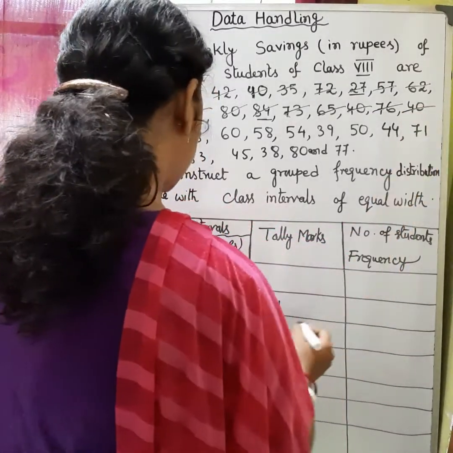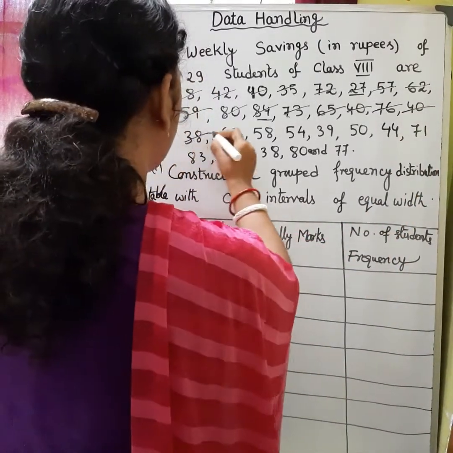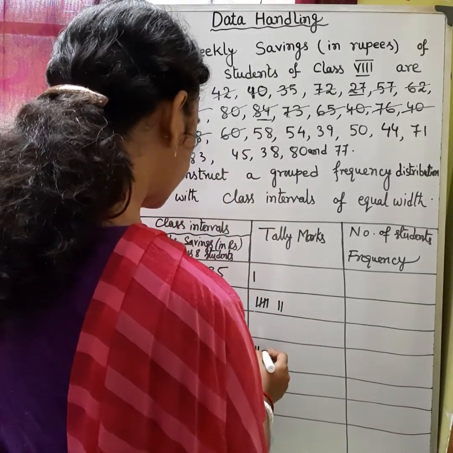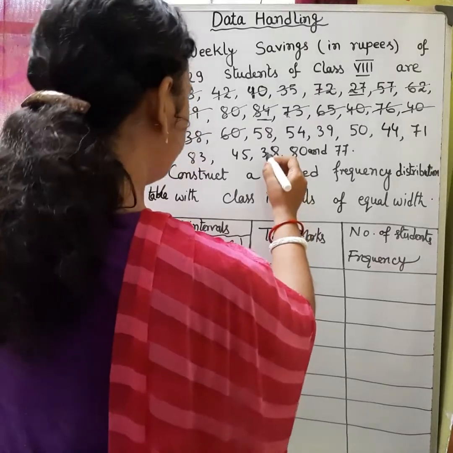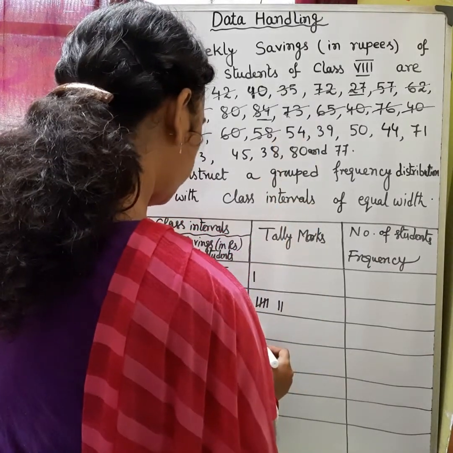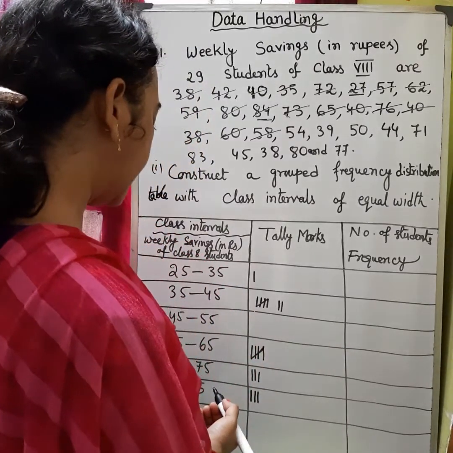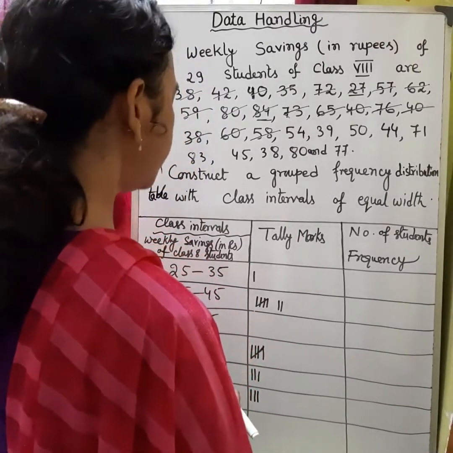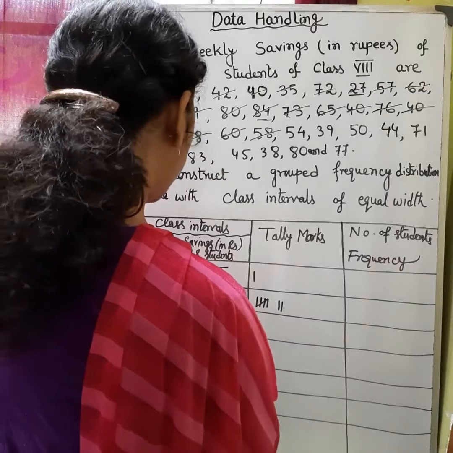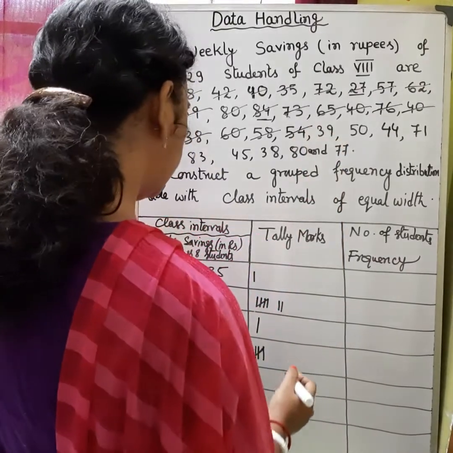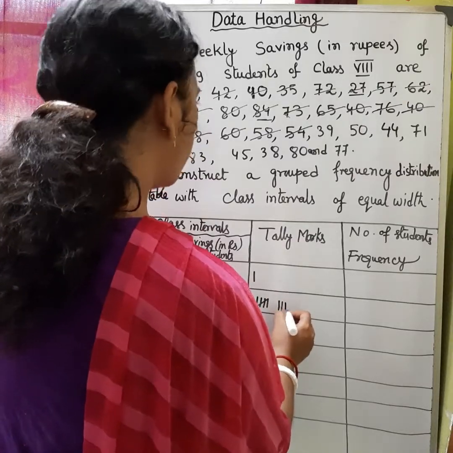Then 38 again. Then 60 is there, so that will be between 55 to 65. Then 58 is there, so we again cross the 4 tally marks diagonally, the fifth one. Then 54, that will be in the third row. Then 39, again in the second row.